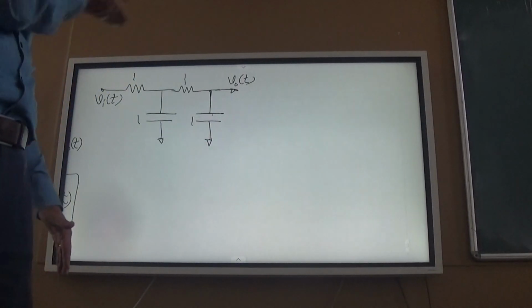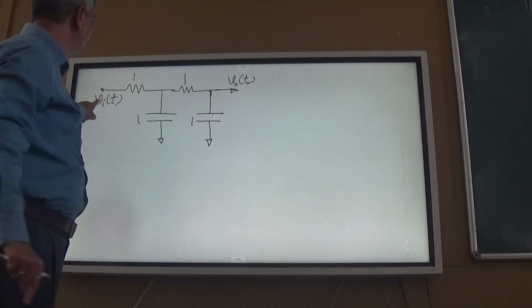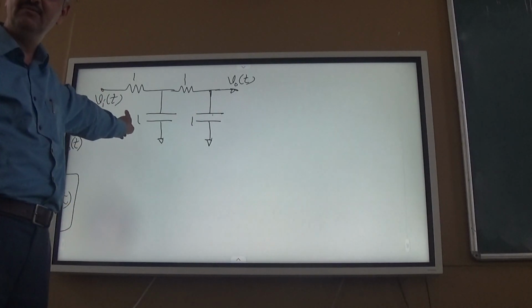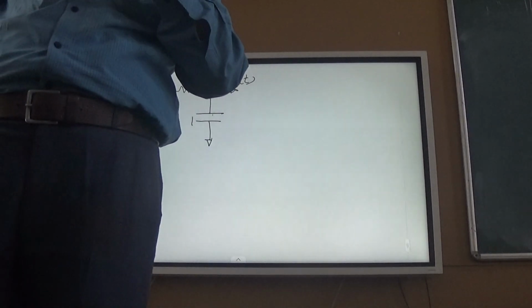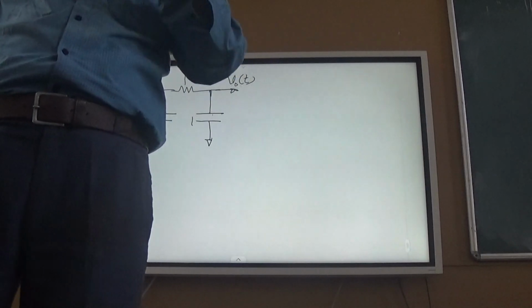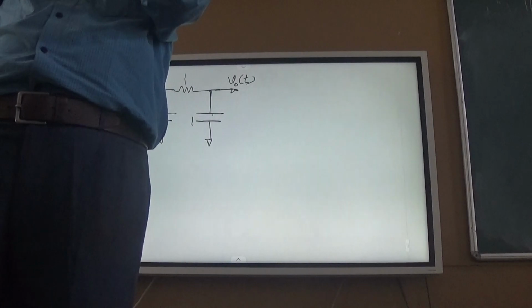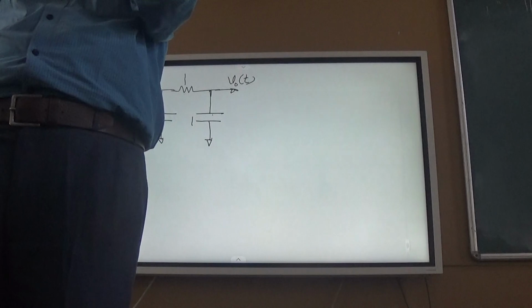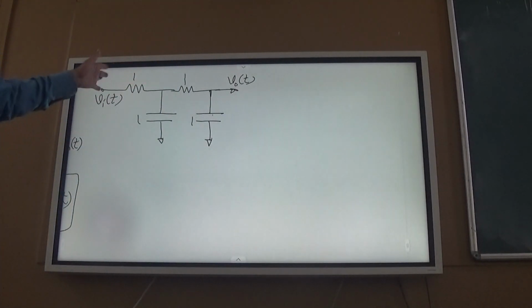When we ground, it is enough, and when nothing is mentioned it is with respect to this common ground. For this circuit, have we derived the differential equation in the class? Have you seen? Yes. What is that equation? Equal to 1. So he recollected it.